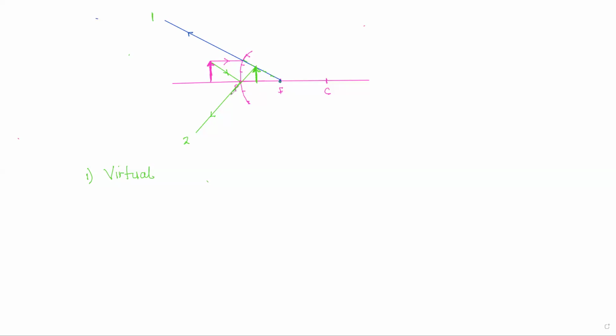This image is formed as a result of the apparent intersection of reflected rays. The reflected rays appear to intersect at this point. That is why the image is virtual. All virtual images are erect or upright.